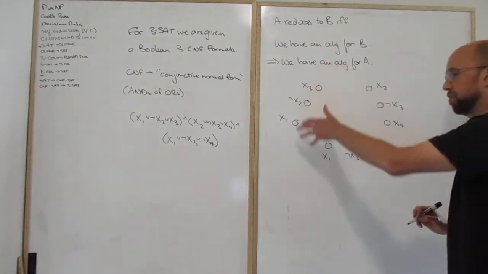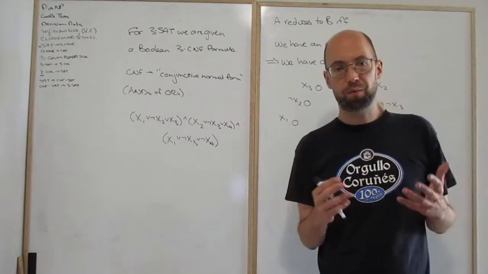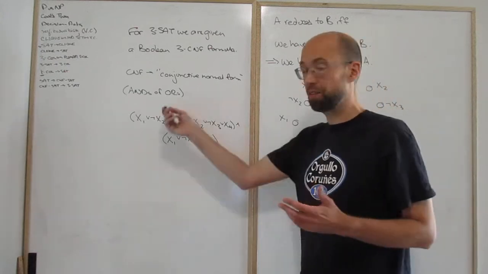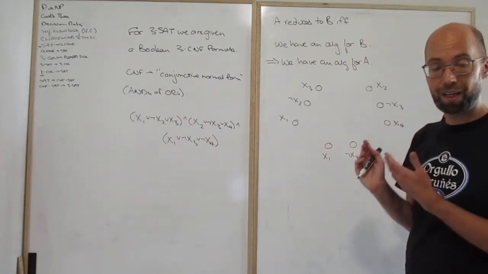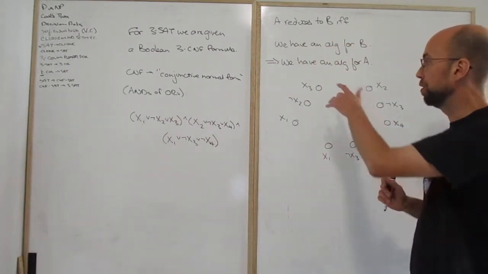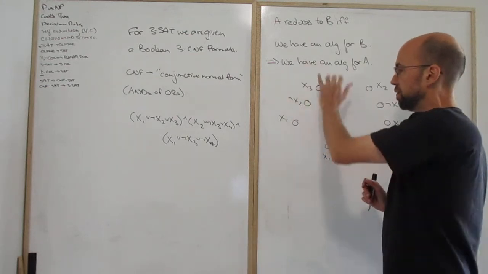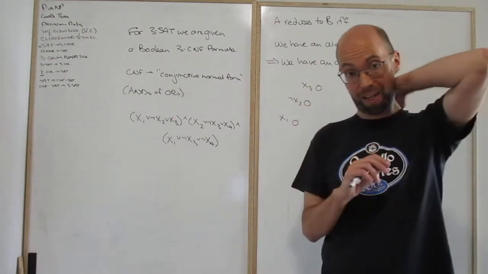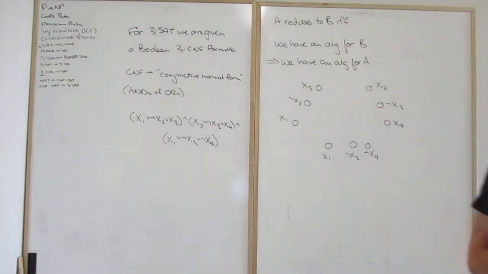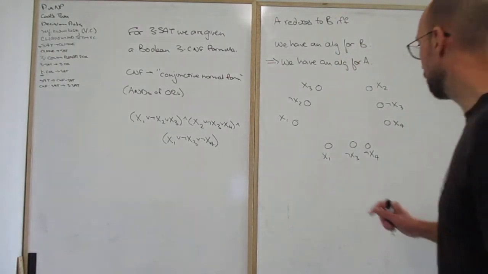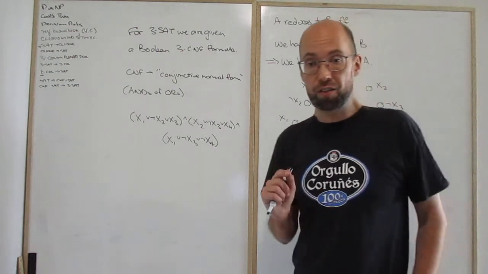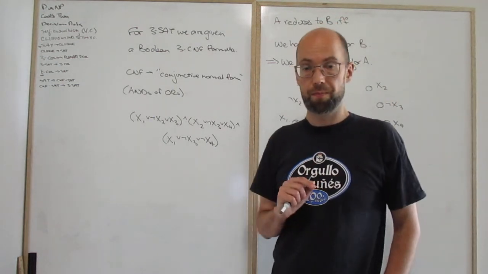Okay, so if you have k clauses, this is going to be what's called a k-partite graph. For each of these clusters, we're not going to draw any edges within the cluster. What we are going to do is draw edges between the clusters.